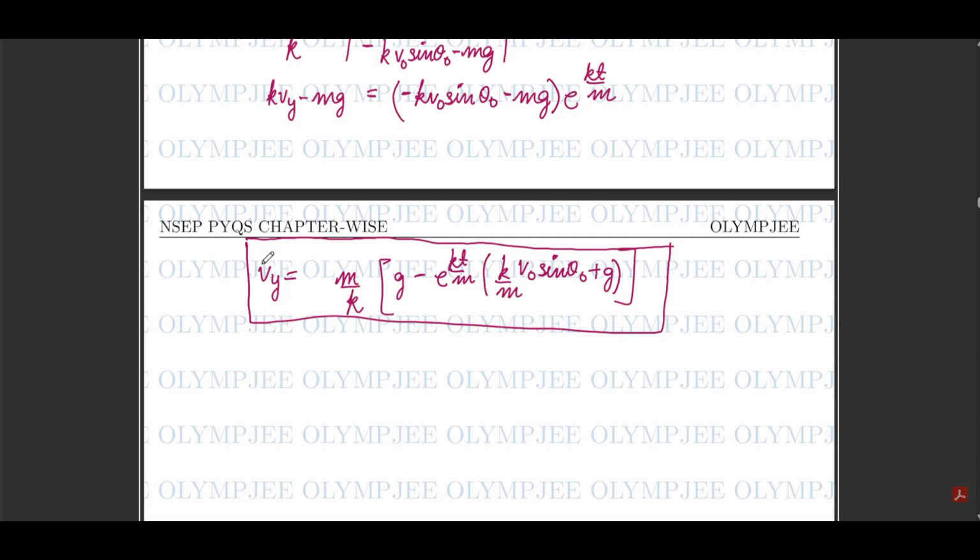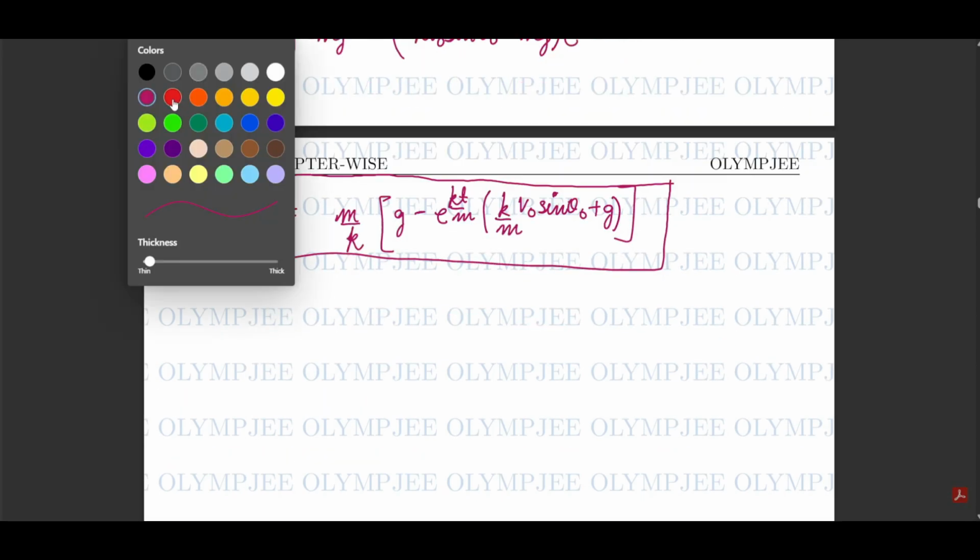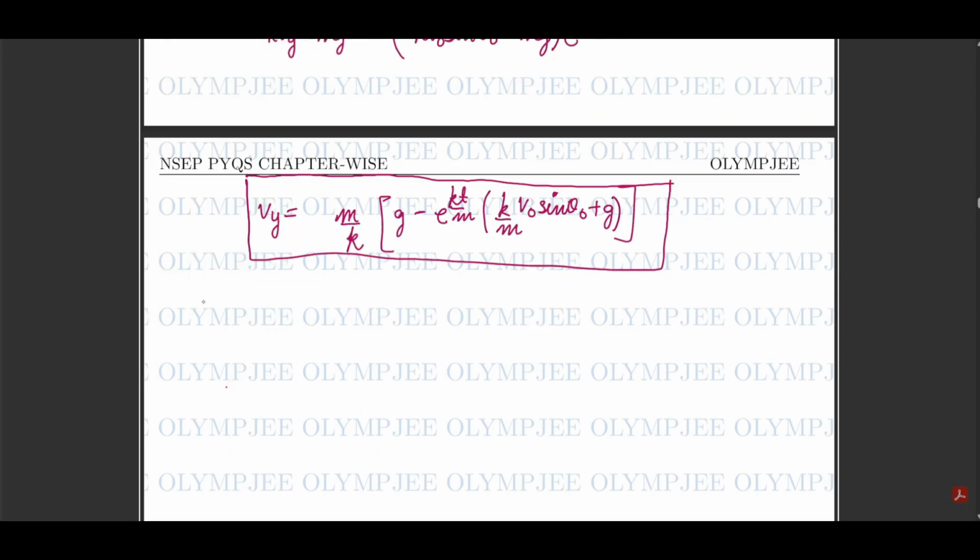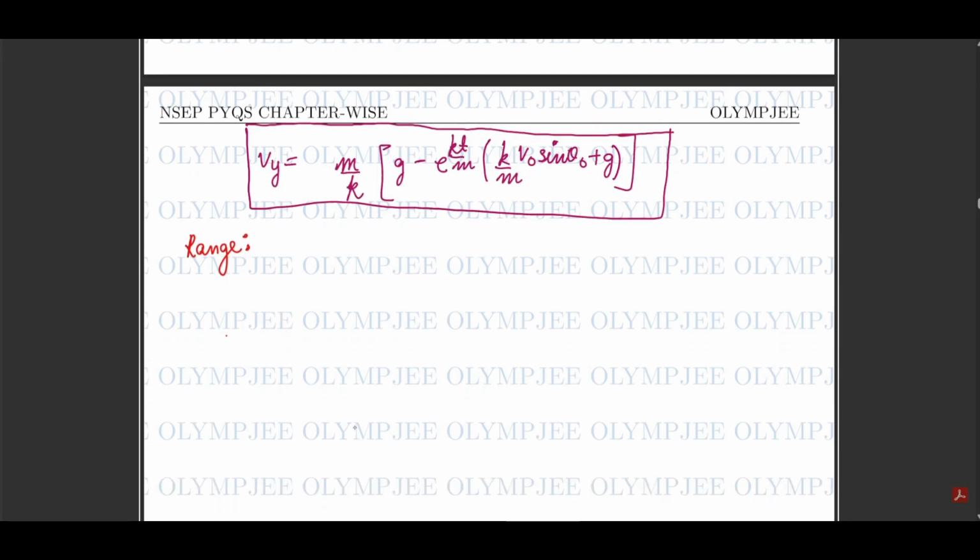Now to find range, I am assuming that they mean the range in x direction. So we can again write fx is equal to minus kvx, and this time we will write fx as m into vx dvx by dx.